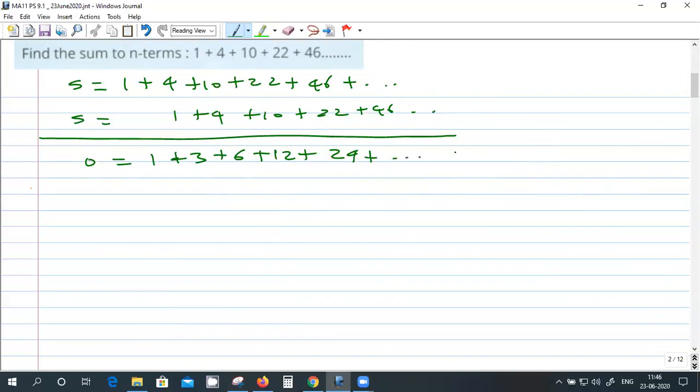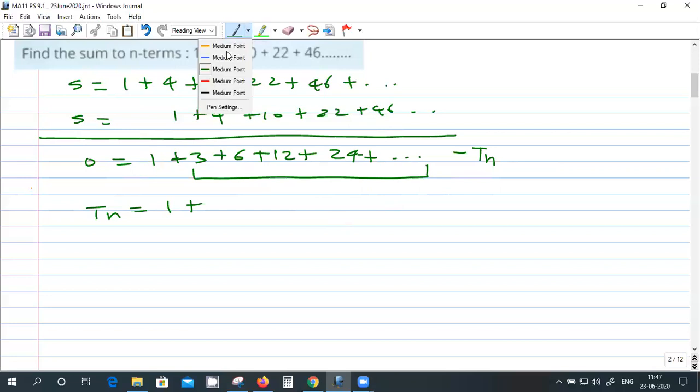Is there a pattern? Getting it? Yes, sir. What is this thing? Is it an AP?